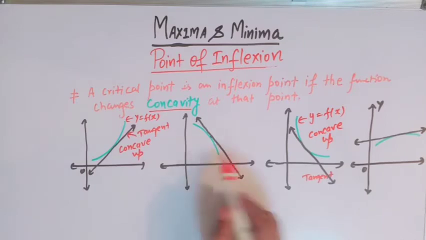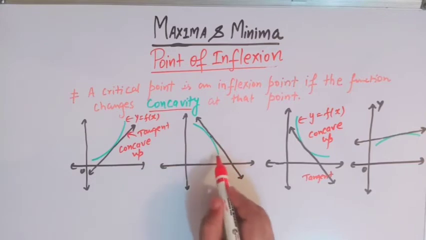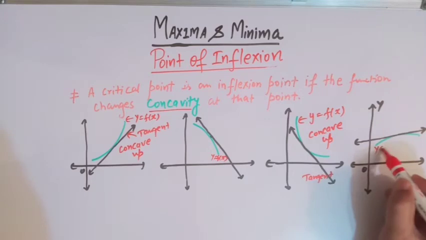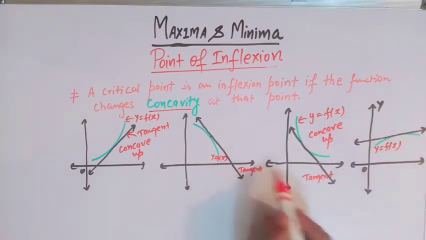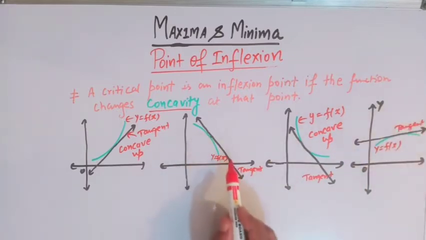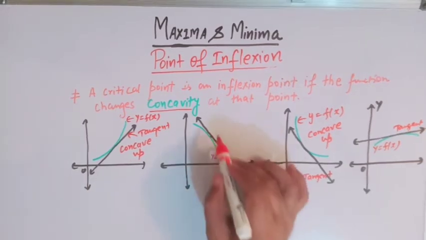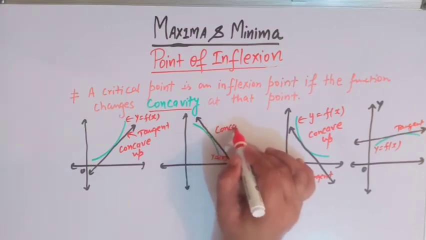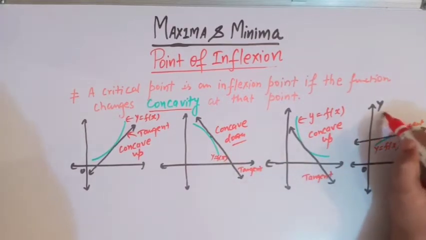Now in these two cases this is the graph y is equal to f of x, here also this is y is equal to f of x, and these two are the tangent lines. We see that the tangent line lies above the graph, right? So this is called concave down, and here also it is called concave down.